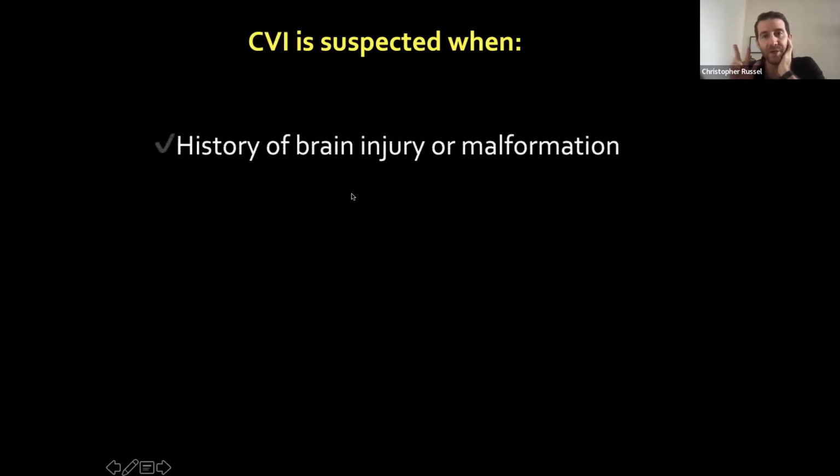Diagnostic criteria for CVI are more functional than clinical, which makes this a difficult one for clinical specialists to really look at and provide detailed diagnostic information on. You need essentially 3 diagnostic criteria to diagnose CVI: a history of brain injury or malformation. I'm going to talk in a minute about how that relates to CDKL5 specifically.